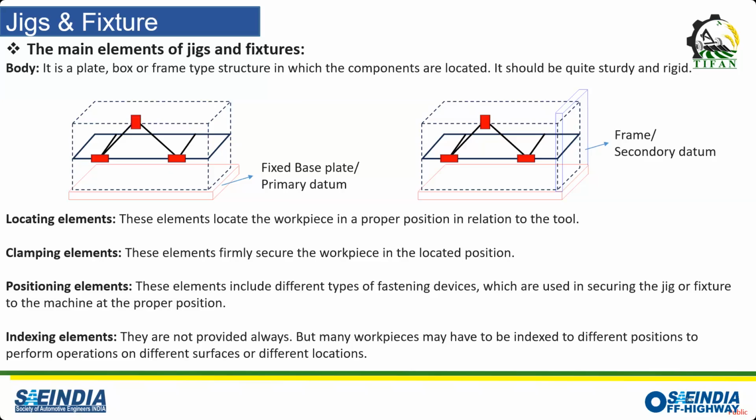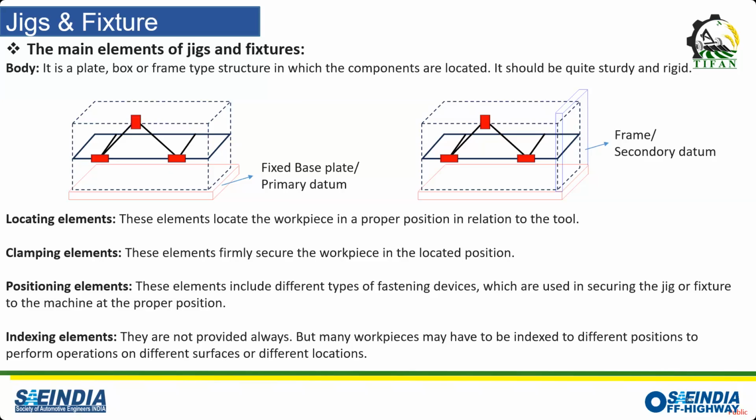So when we have a primary datum which is very fixed, we make sure that whatever operations we are doing, we will have multiple rounds of weld, multiple cycles of weld, and we also might have a few machining operations and assembly operations. Having this sturdy and rigid primary datum helps us retain the axis of each part with respect to its interacting parts, and makes sure that we don't have any misalignments.